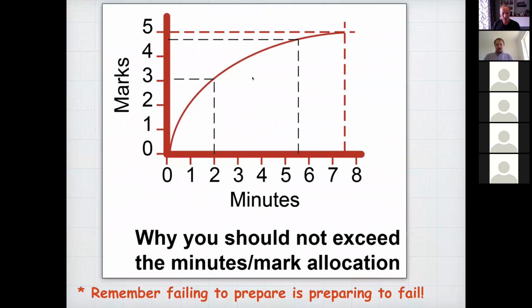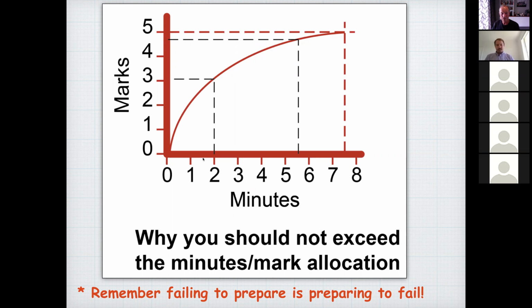And this is the reason here. This question's worth 5 marks, so that'll be 7.5 minutes for this question. If you go over time and spend an extra minute on that question, that's how many marks you can gain in that question.